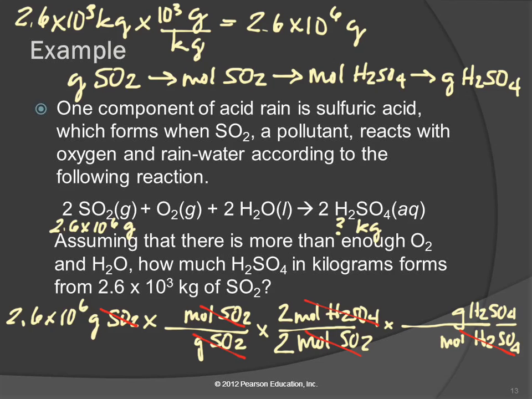The first term and the last term are always going to be a molar mass. So SO2, sulfur is 32.07, plus 2 oxygens, 64.07.